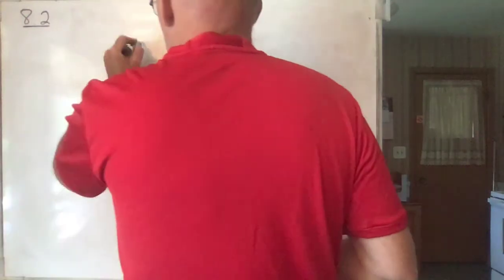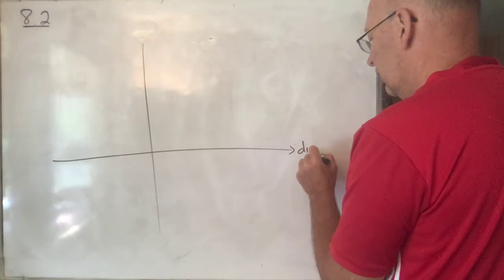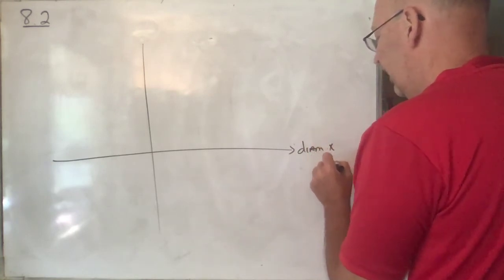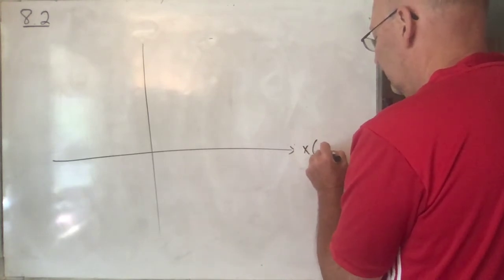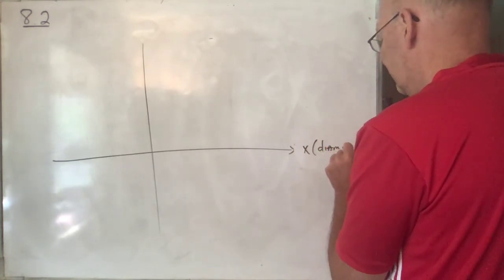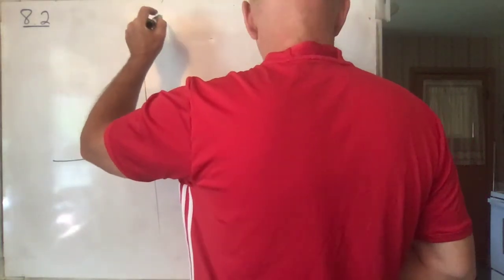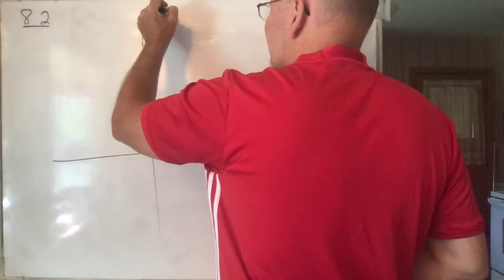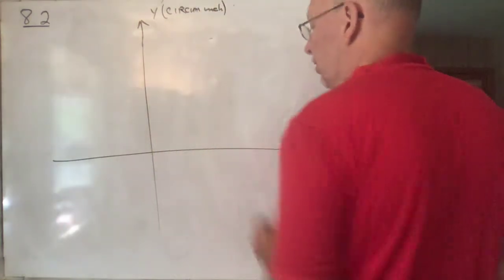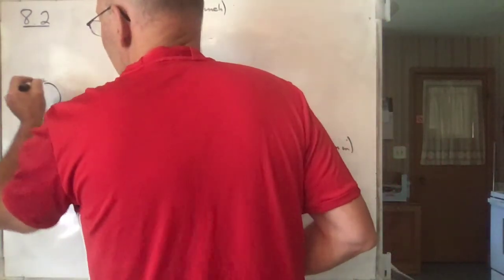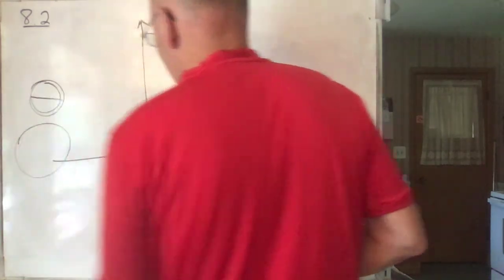You have a bunch of circles that you're measuring, and you're measuring their diameter, x, in, say, inches, and here you've got y, the circumference in inches. Okay, so you've got a whole bunch of different circles here. In each one you measure that, and then you measure the distance around.